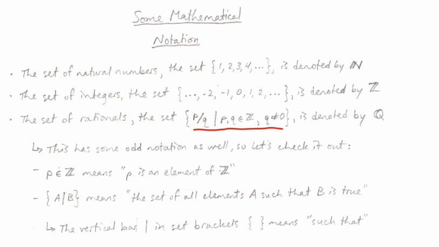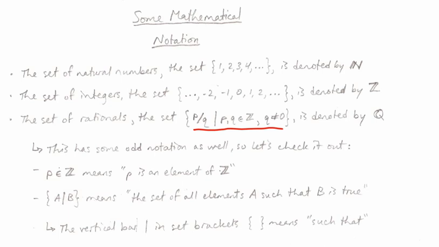We see that we have stuff inside of set brackets. We have stuff before a big vertical line and stuff after the large vertical line. So open set bracket, A, big vertical bar, B, closed set bracket. What that's saying is the set of all elements A such that B is true.